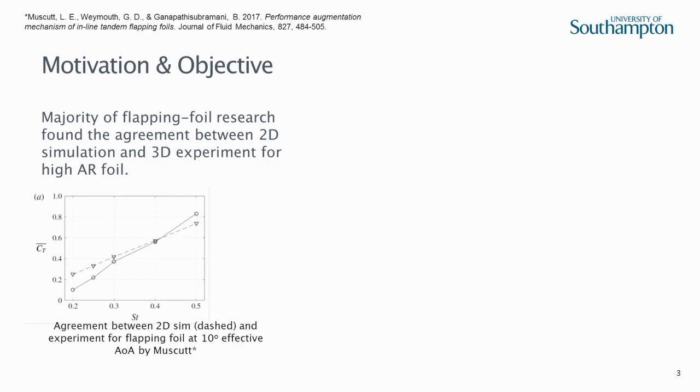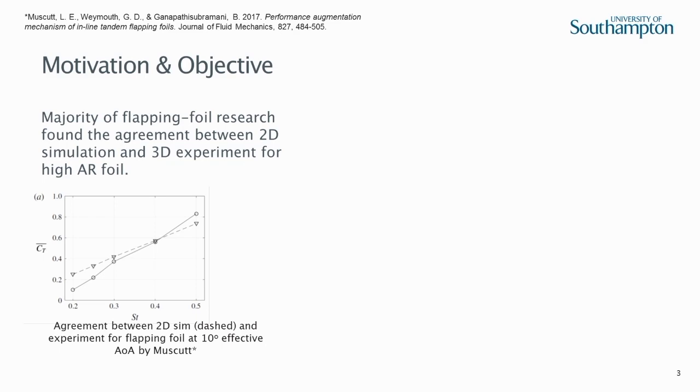Based on several experiments, for example, our colleague Luc Muscutt found that in his 2D simulation, the mean coefficients of thrust of the experiments coincide exactly with the 2D simulations.